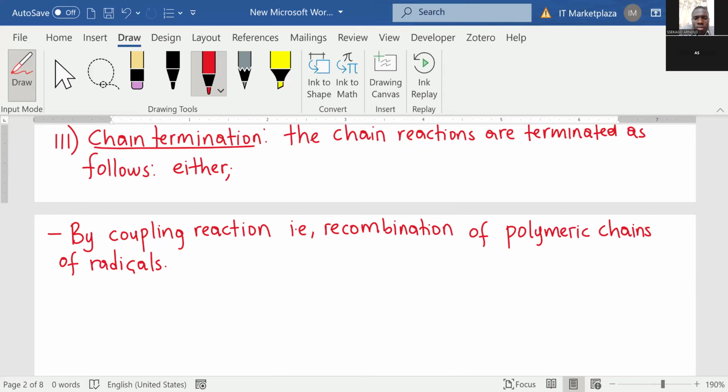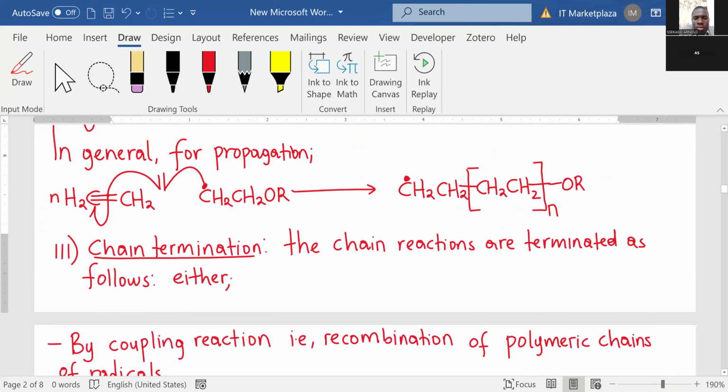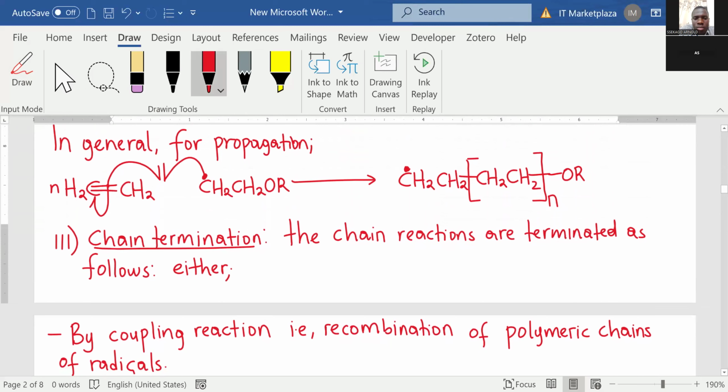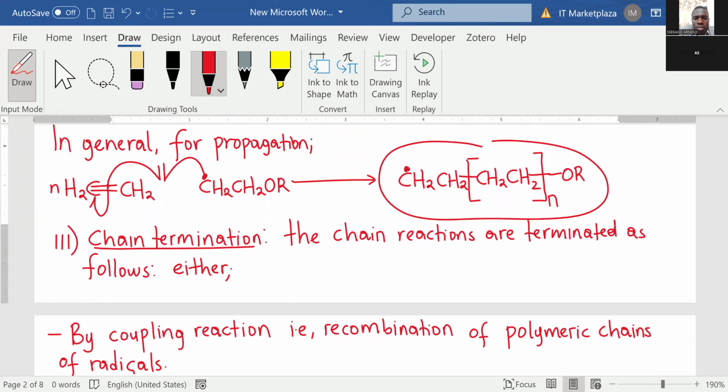Look at what I have formed under propagation. It's here. This is what has been synthesized under propagation. That one in general. So to terminate things, radicals of this kind, they recombine. So we have this combining with another compound of the same form.